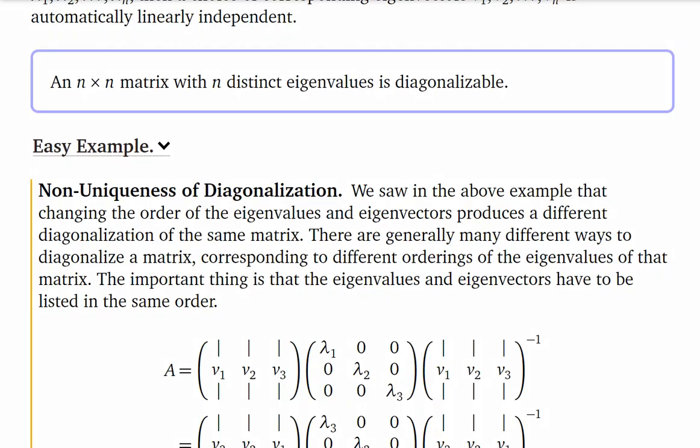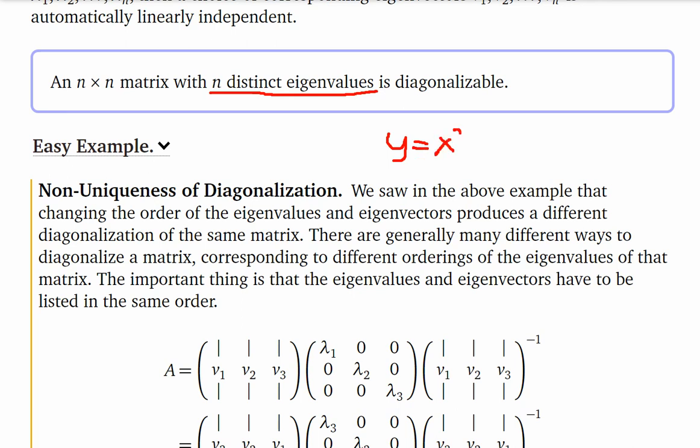Now there are some times we know it's possible. As long as we have n distinct eigenvalues, then I know the matrix is diagonalizable. That's really helpful. But sometimes when I'm factoring a polynomial, I get multiplicities higher than 1, right?